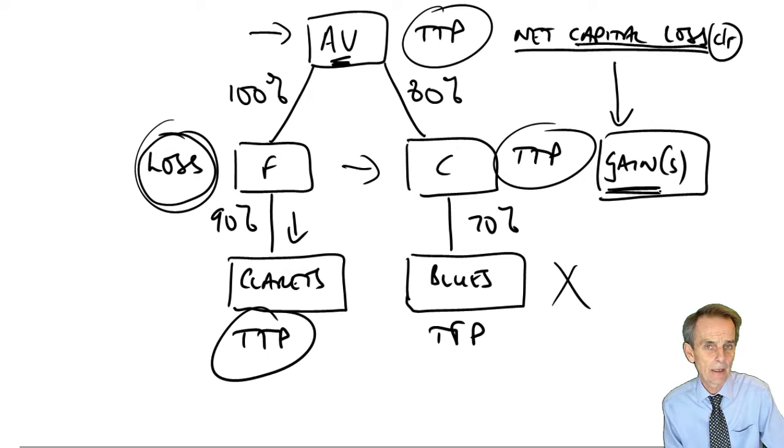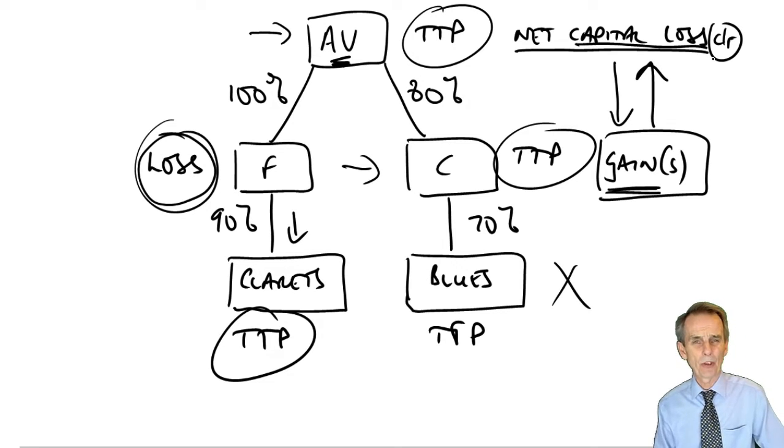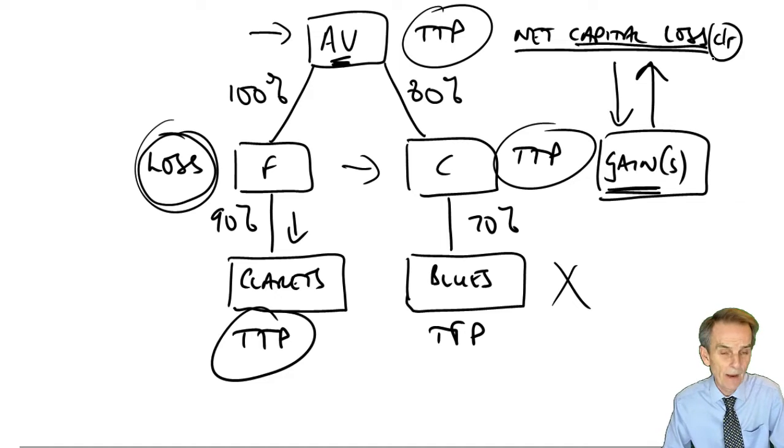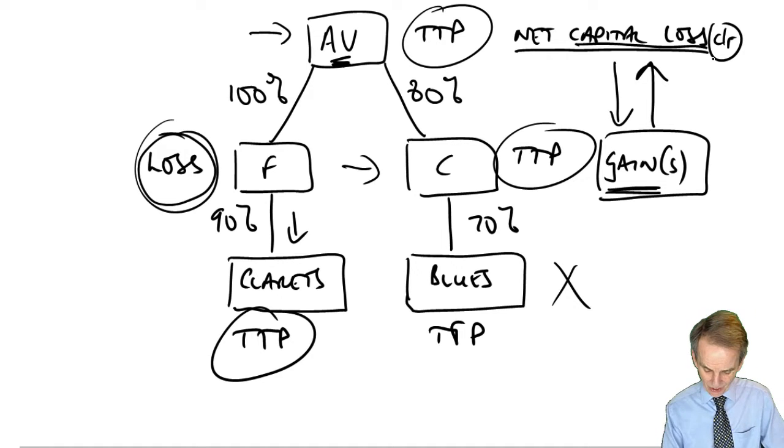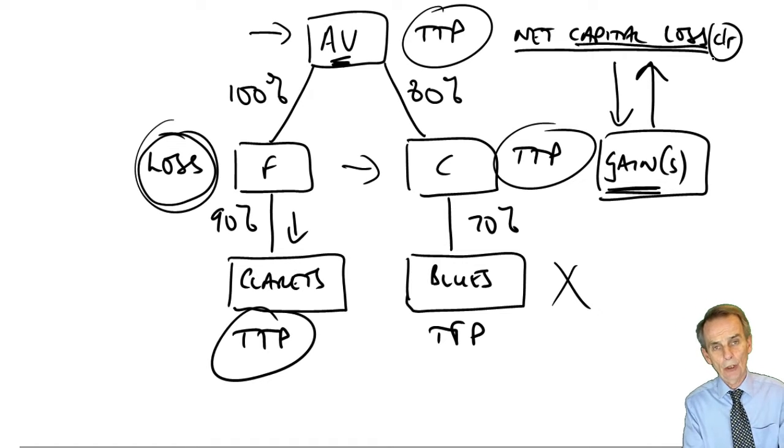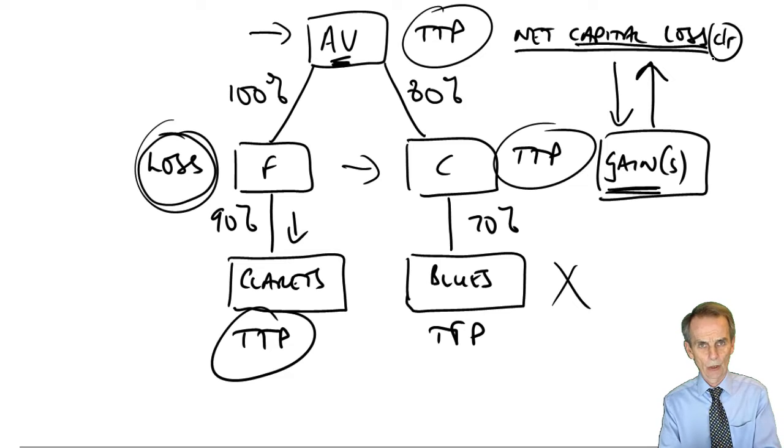And you've got flexibility here, rather more than you might think. We can bring any amount of that loss across to set against the gain, or, not that it would seem at this point to make any difference, you could move any part of those gains and deem them to have been made by company AV, the one with the loss. So you can move the loss to the gain or the gain to the loss.